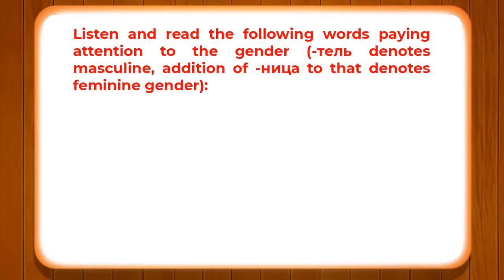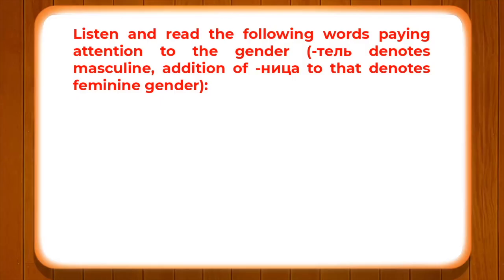As a rule in Russian, there are certain things we need to keep in mind: if any word ends with a consonant, й, ь, or a soft sign, it denotes masculine gender. If in place of that ending we add ница, then it denotes feminine gender. How do we know? With an example now.